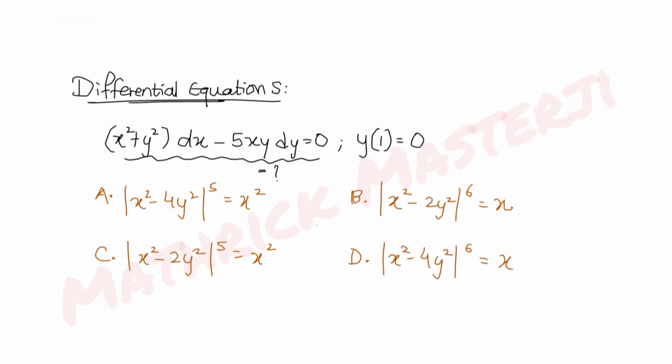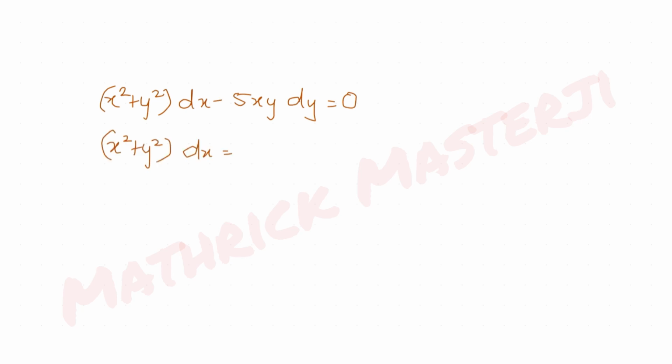So to solve this question, first let me write the differential equation given to us: (x² + y²) dx − 5xy dy = 0. As a first step, I take (x² + y²) dx equal to 5xy dy, moving the second part of the expression to the other side.